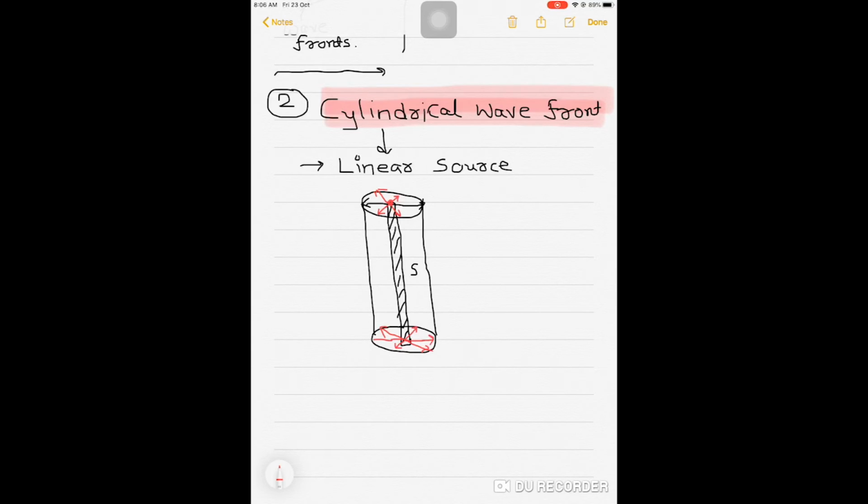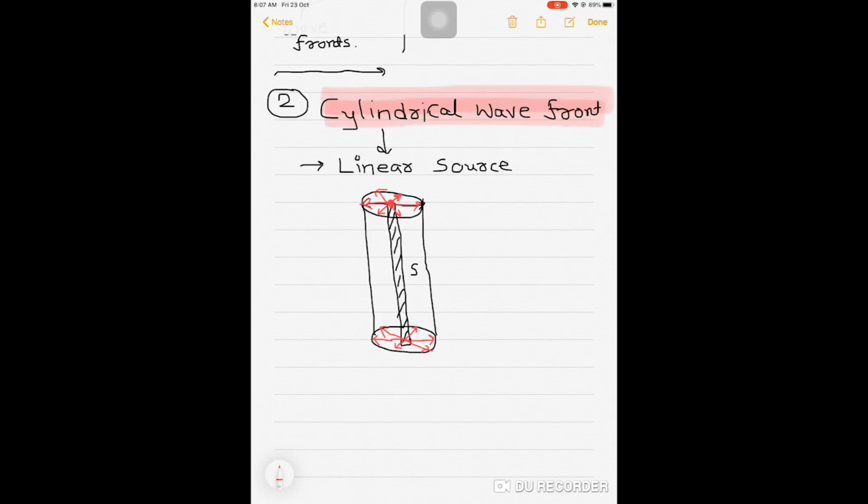Here it is like this. So we consider that if the source is linear, then it will form a cylindrical wavefront. All the points emerging from this linear source lie at the same distance after the same time.